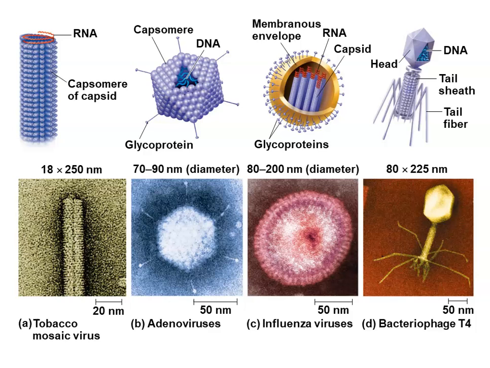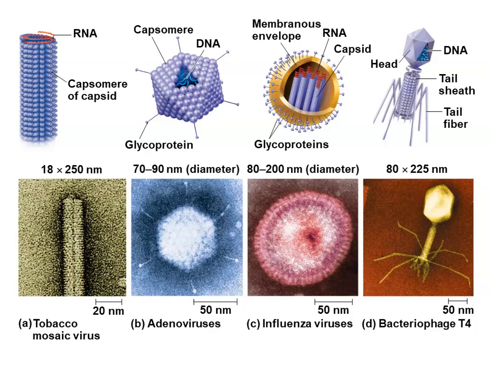So here are just four different types of viruses. You can see the different shapes. The capsomere, that's a cylinder, with the tobacco mosaic virus. The adenovirus, which is like an icosahedral capsomere. You have the influenza virus, which has the capsid as well as the membranous envelope.